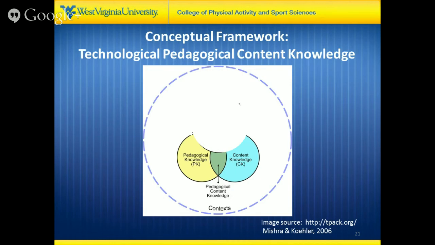I teach grades 6, 7, and 8, and you teach kindergarten to 5th. In your context, how much support you have from your administrators, or not. How much technology and resources you have, or not. Your context is very different. So even though you have fantastic PCK, your context does need to be considered.